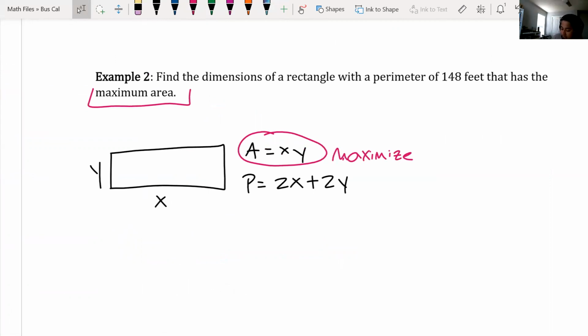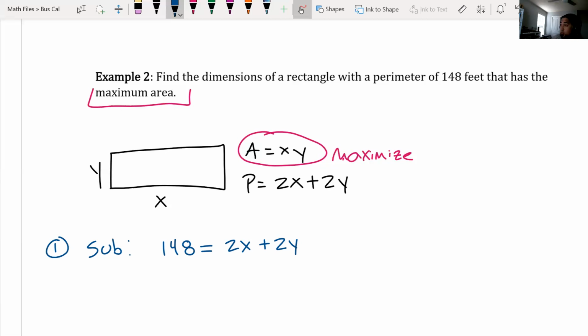This says that the rectangle has a perimeter of 148 feet. So let's call this step 1. We'll say sub. We know that the perimeter is 148 feet, set that equal to 2x plus 2y. And now solve this equation for y, so we can plug it into the area equation.